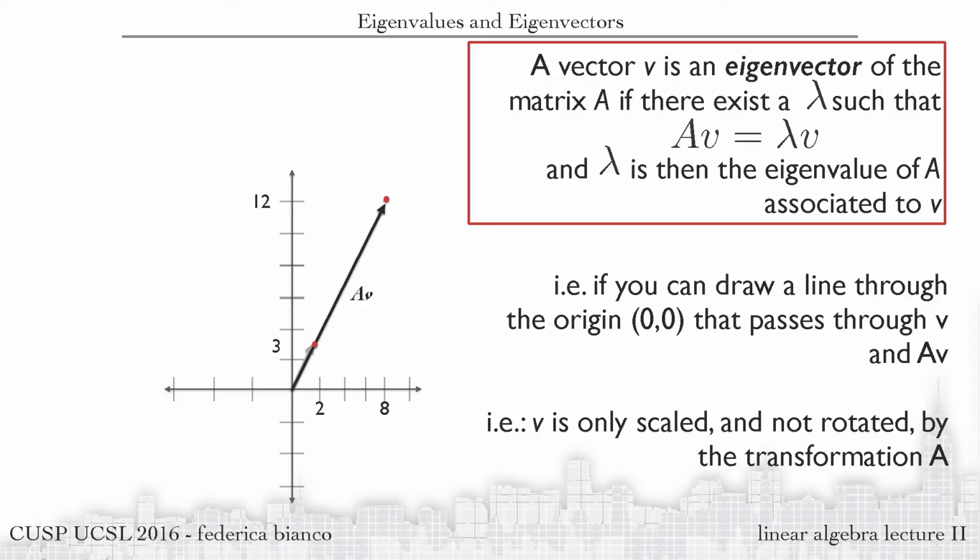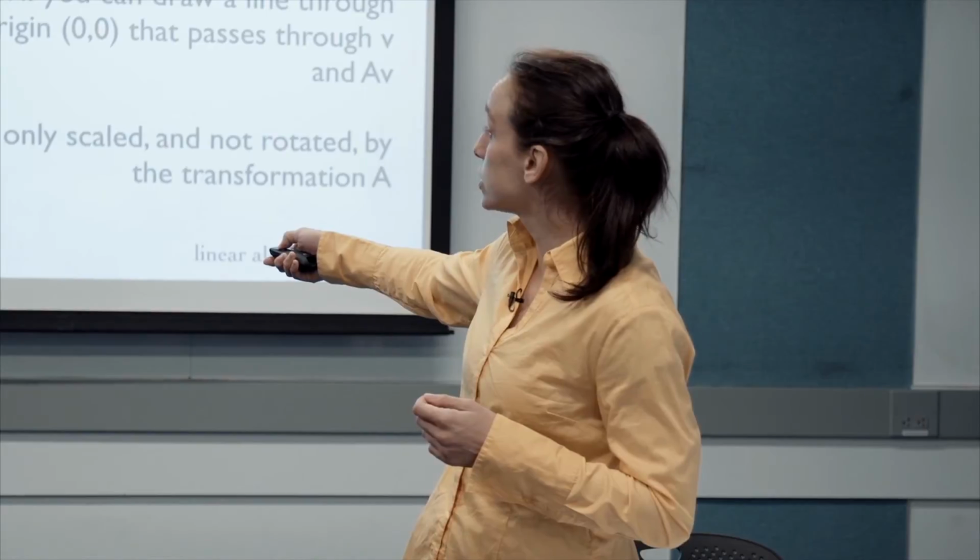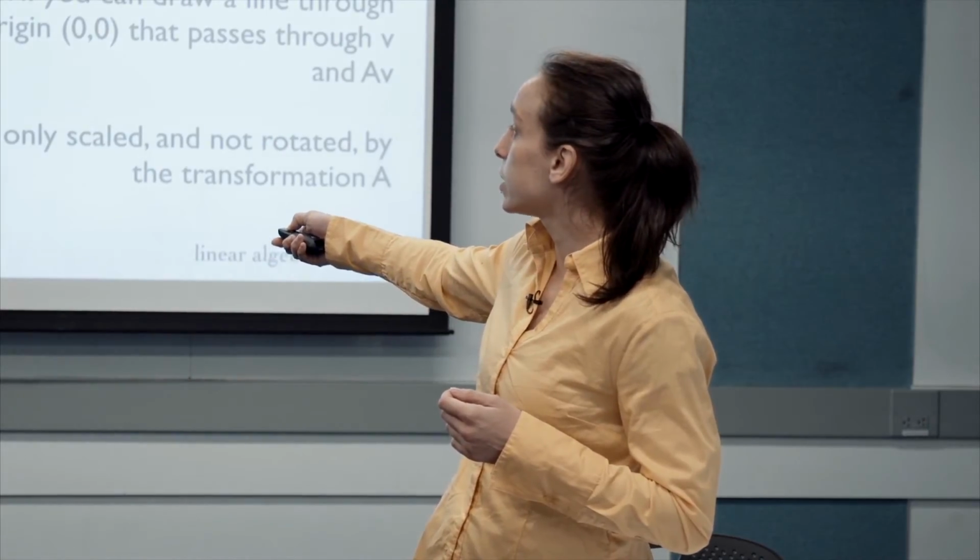Again, we want to give a more intuitive interpretation to this concept. We can look at a graphical interpretation, which is the following. For any transformation A, the vectors that once I apply that transformation describe points that can be joined by a single line to the origin.